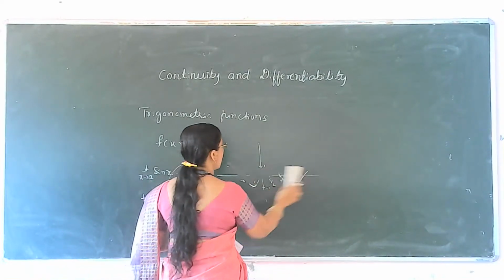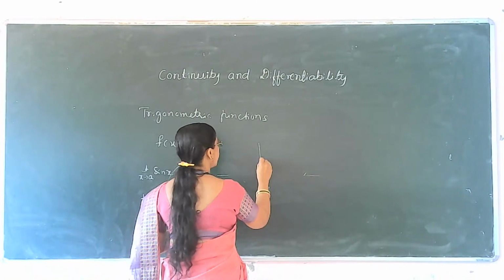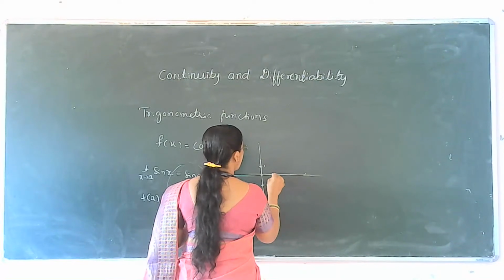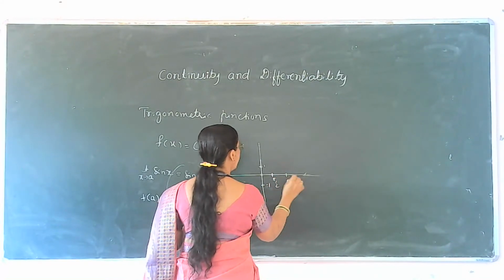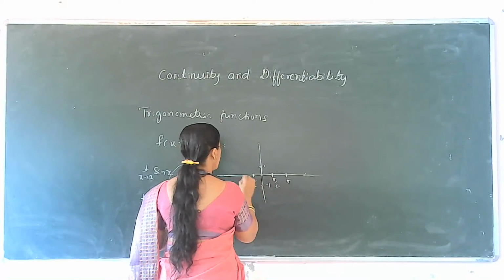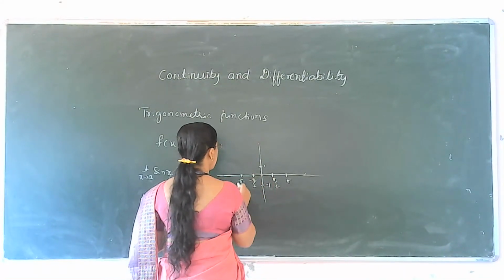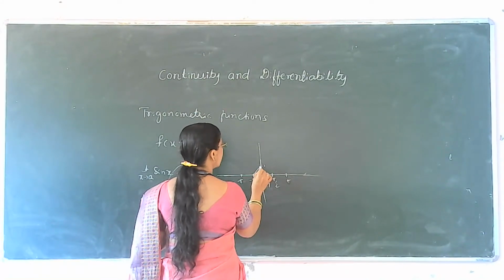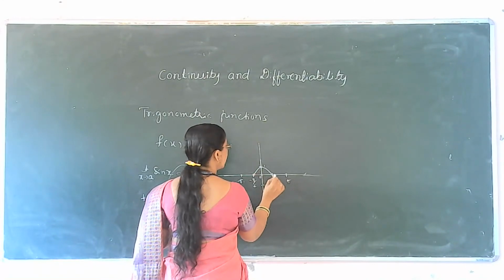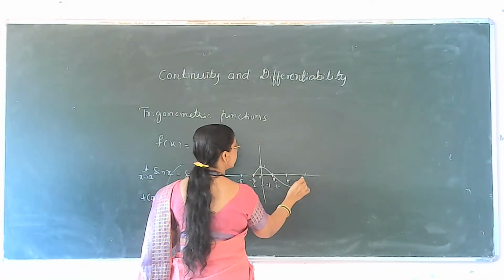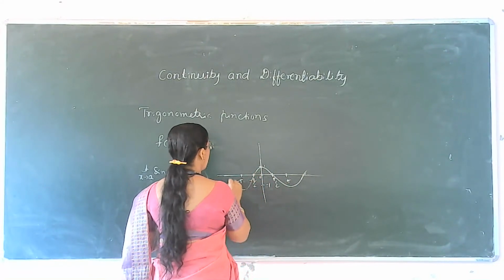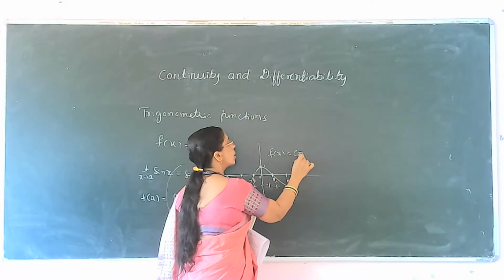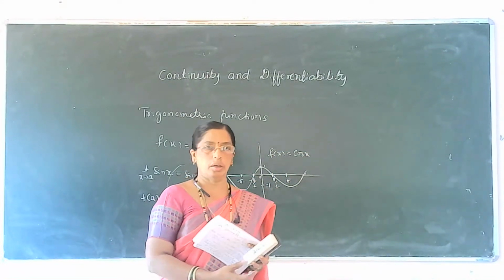The graph of cos x is here: minus 1, pi by 2, pi, plus or minus pi by 2. Here the graph at 0 is 1, and at pi by 2 is 0. Here also the function is continuous. The graph of f of x equal to cos x is continuous.